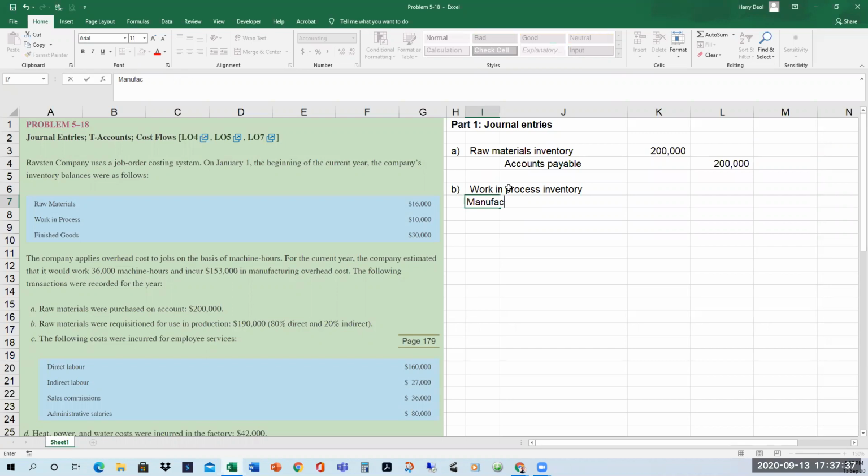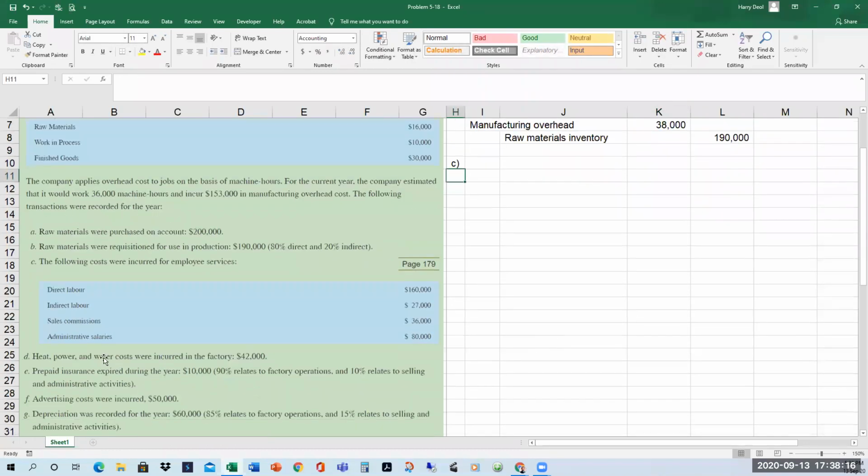You want to debit manufacturing overhead for the indirect materials, and you want to credit raw materials inventory for the total amount of raw materials requisitioned. That's 190,000. And out of the 190,000, 80% or 152,000 was for direct materials, and the rest, 38,000, was for indirect materials, which we know are part of manufacturing overhead.